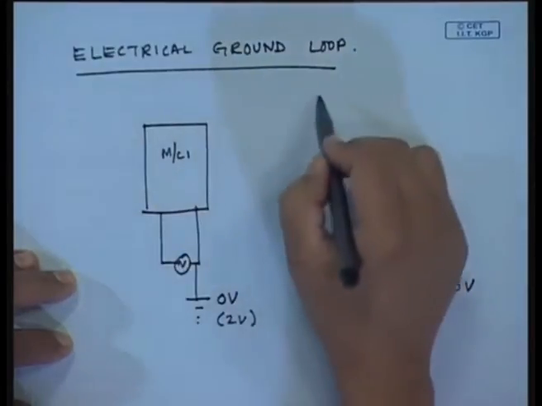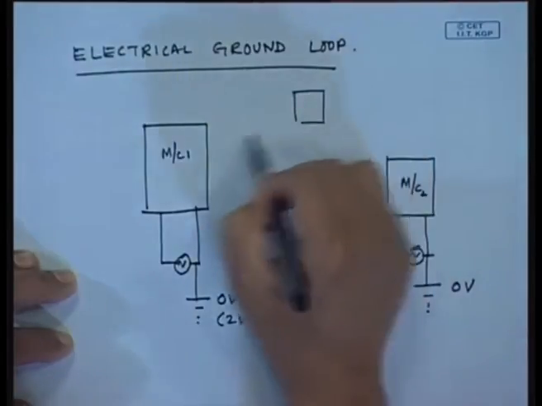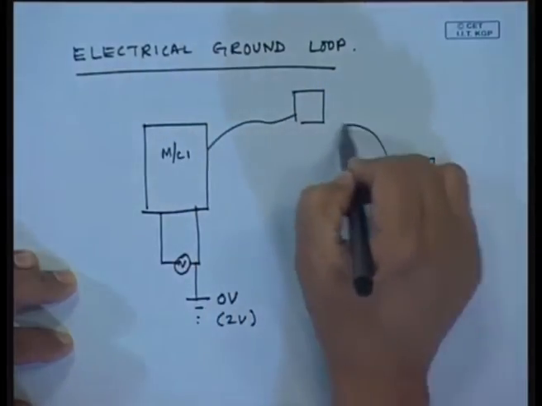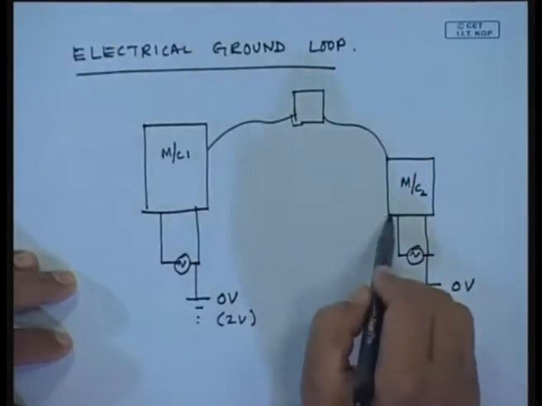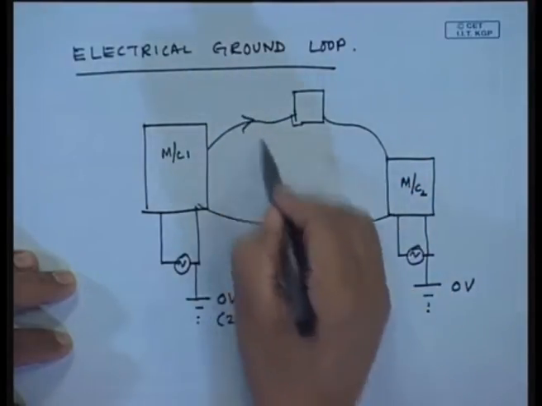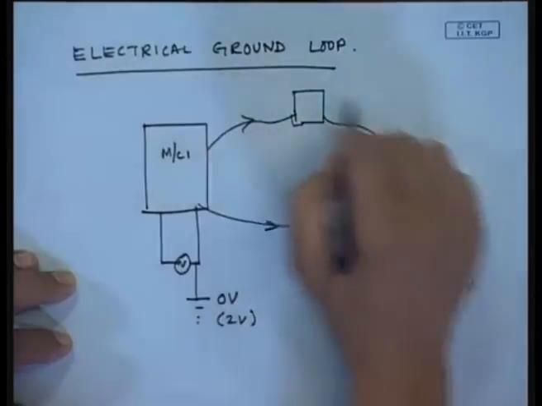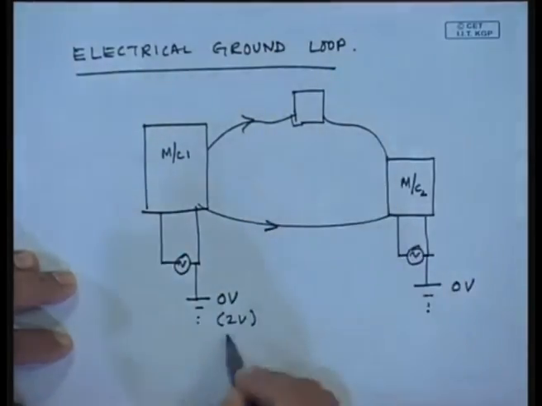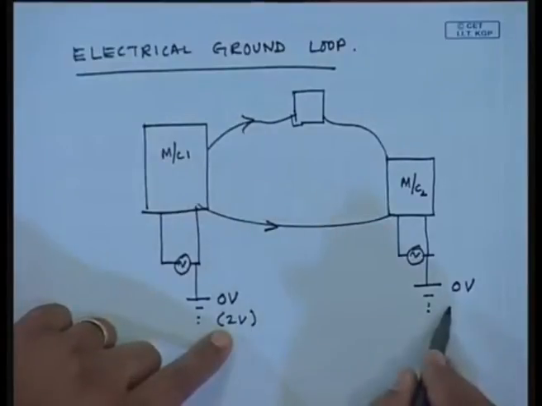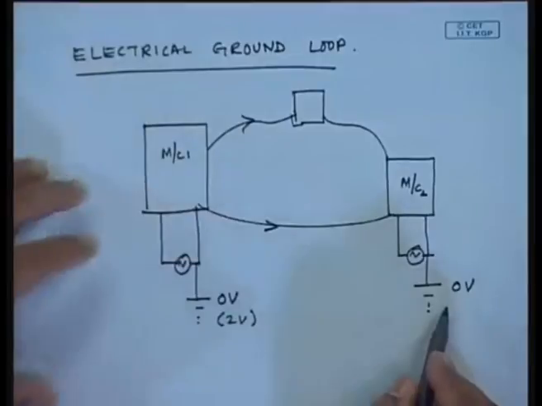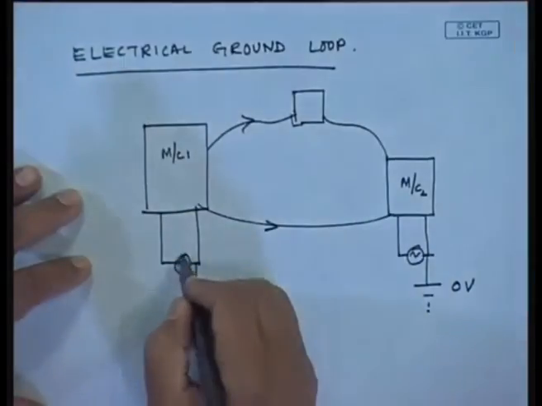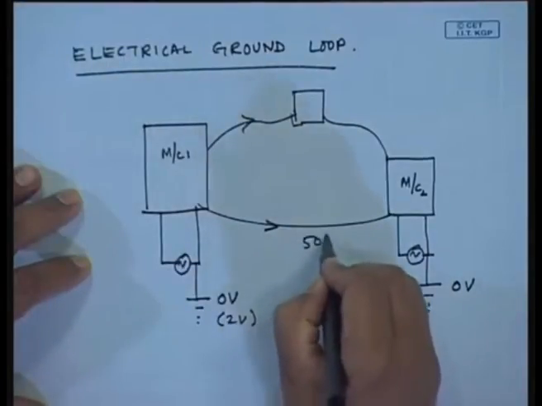So, if I do a lot of instrumentation and I connect each one by wires, there will be a flow of current, because the potential difference of only 2 volts is good enough for a current to flow, and this current will flow at the supply frequency of 50 hertz.